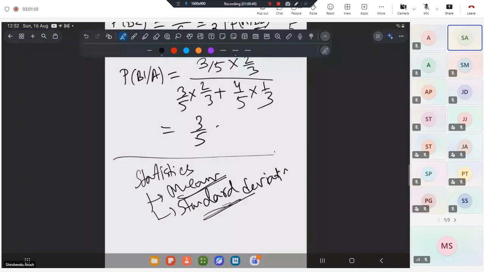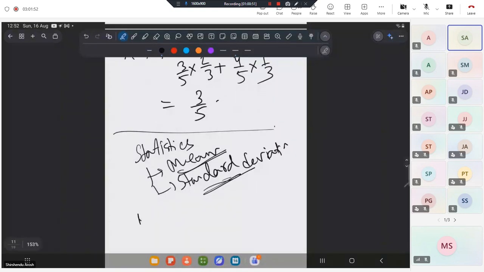Of course, the mean here we'll call the expectation or the gain. You'll see in gambling and all kinds of games how the statistics, the expected mean or gain, gets applied.